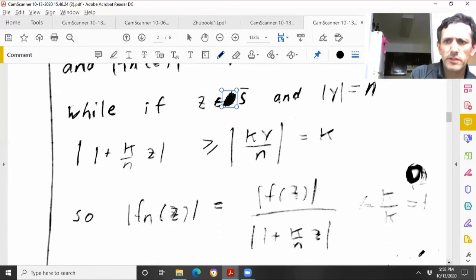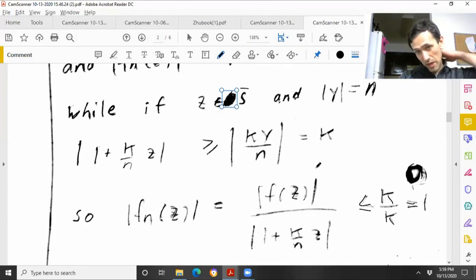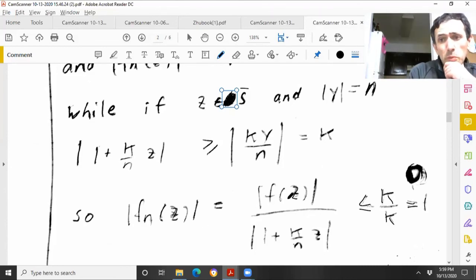Okay, so Fn of z, 1 over the bottom rather, in modulus, is less than or equal to, this didn't come out too well, but it's all right. So yeah, 1 over the bottom is bigger or equal to k, as long as the absolute value of y is equal to n. So we're on either of these two yellow horizontal lines. Well, the numerator, remember, k was picked to be the supremum of f on this closed strip.